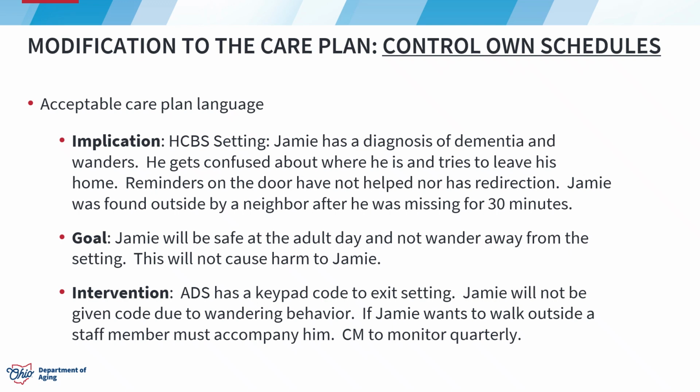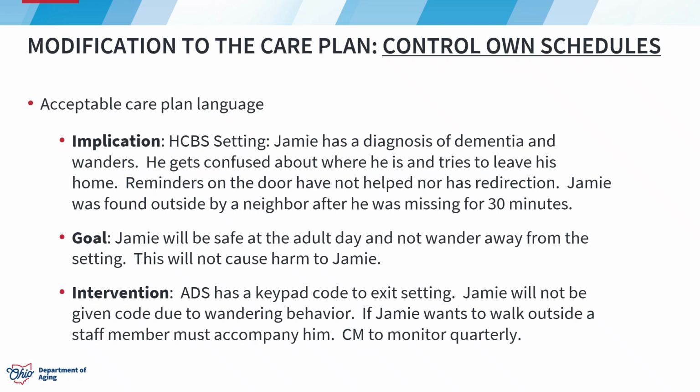They also noted that just because somebody has a diagnosis of dementia does not automatically mean that their rights are going to be modified. We have to demonstrate the assessed need and the specific condition that's associated with that, or the specific behavior which requires the modification.